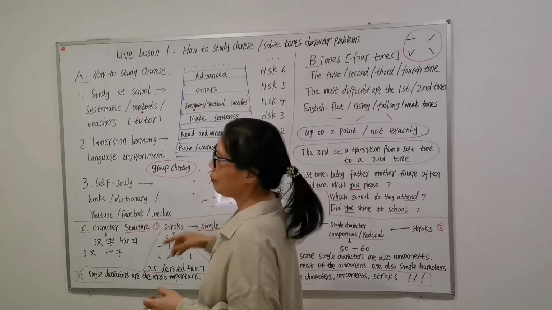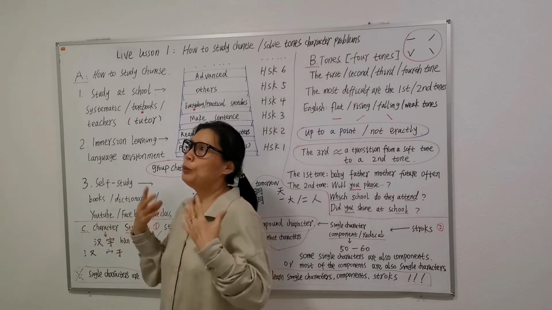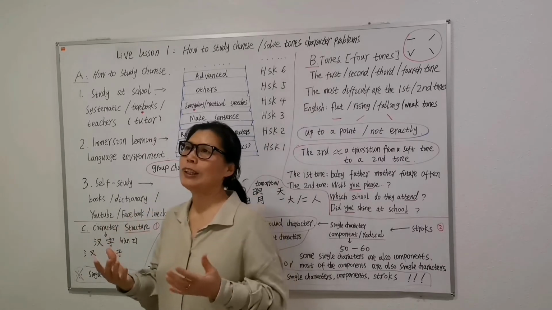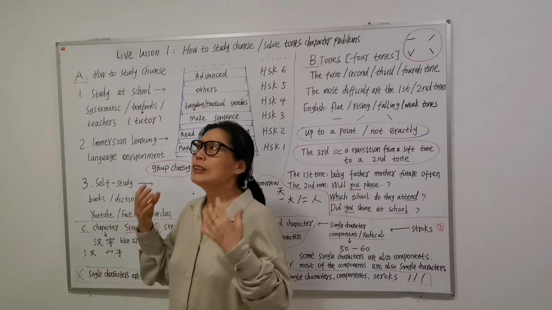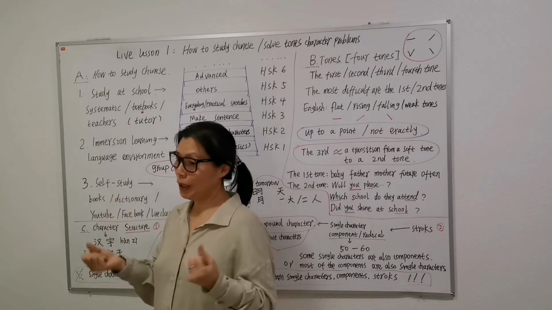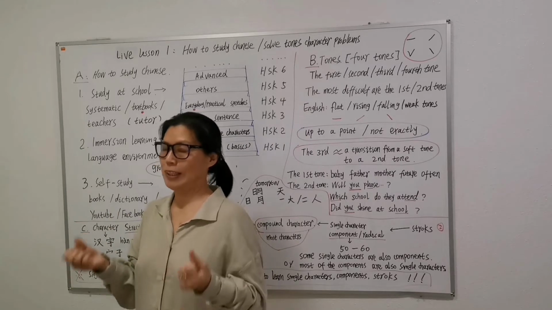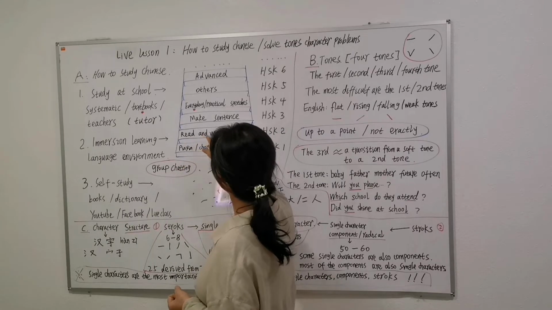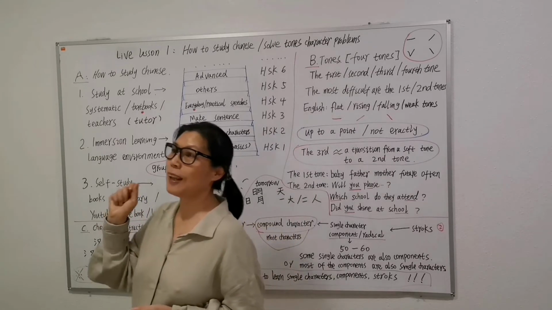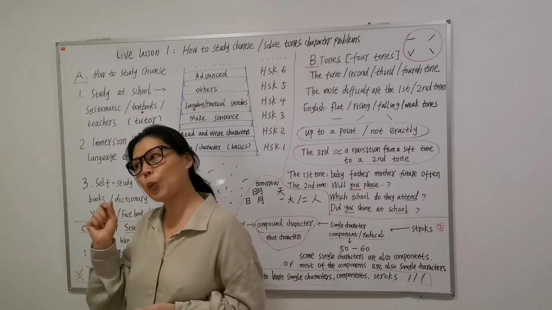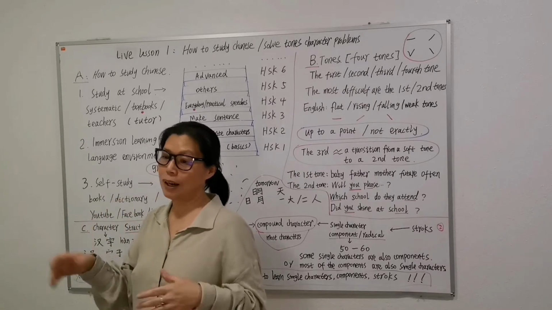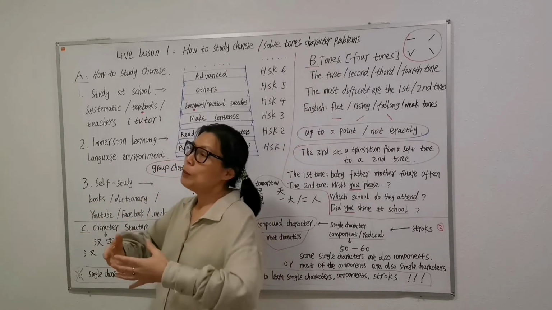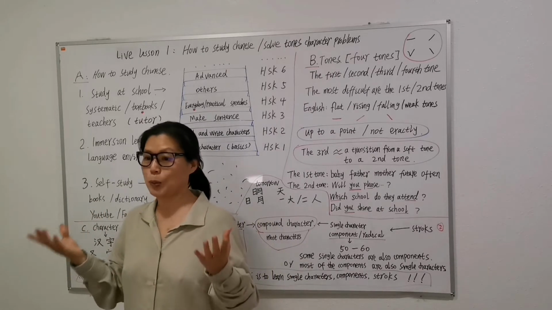After you know how to pronounce pinyin, how to write characters, then you can begin to learn some words, vocabularies, or in Chinese, characters and vocabularies. It is to read and write characters such as nouns, adjectives, verbs, prepositions, adverbs, etc. Then you have mastered some characters, vocabularies.